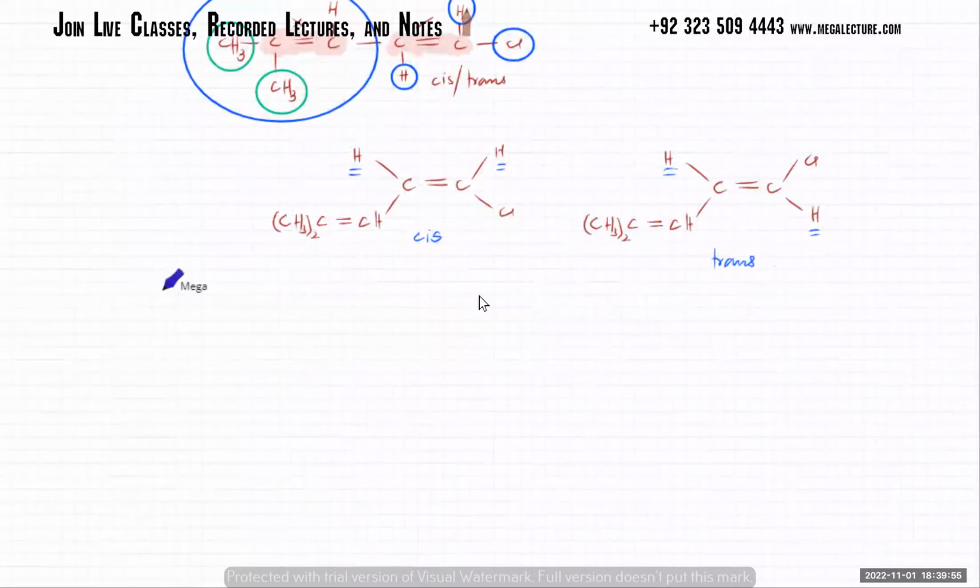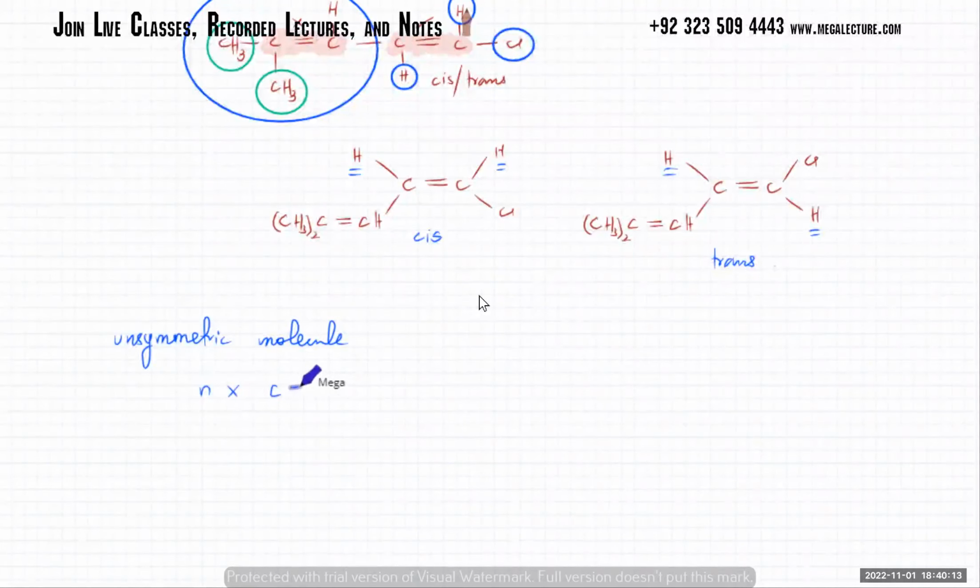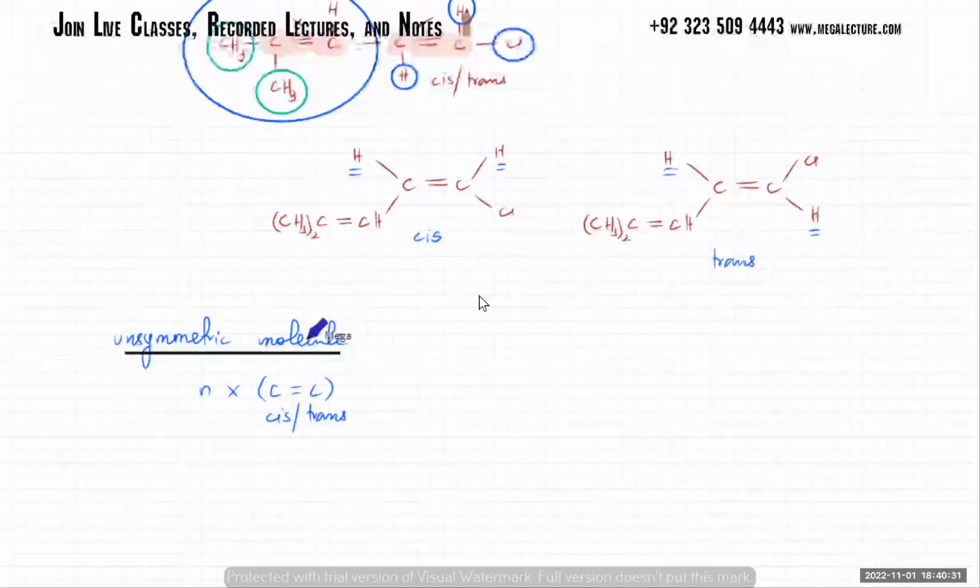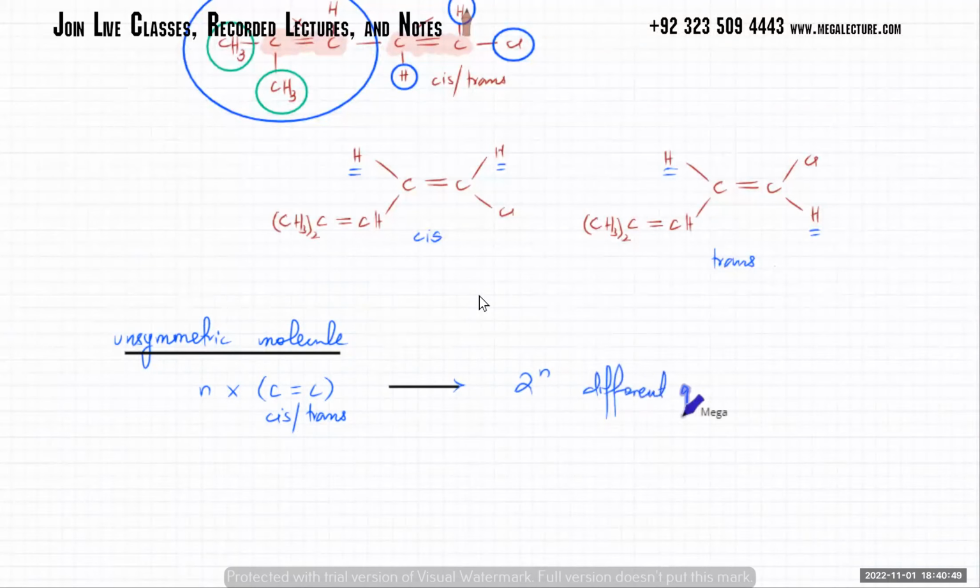So remember this: if you have an unsymmetric molecule, and unsymmetric means the left and right sides are not exactly the same, and there are n double bonds, all of them making cis trans, then at the end of the day you'll have a total of 2 to the power n geometric isomers.